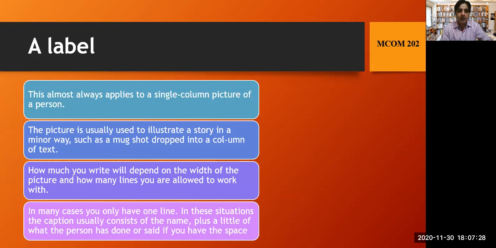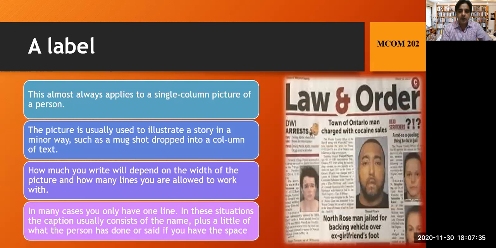A label. This almost always applies to a single column picture, just like what you have seen on your computer screen. The picture is usually used to illustrate a story in minor ways, such as a mugshot dropped into a column of text. How much you write will depend on the width of the picture and how many lines you are allowed to work with.